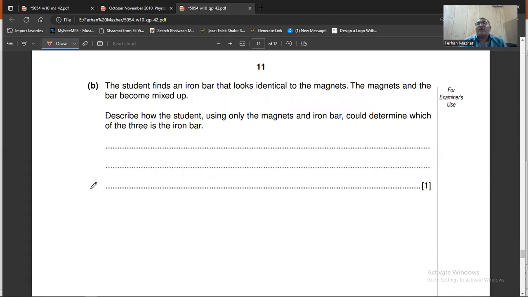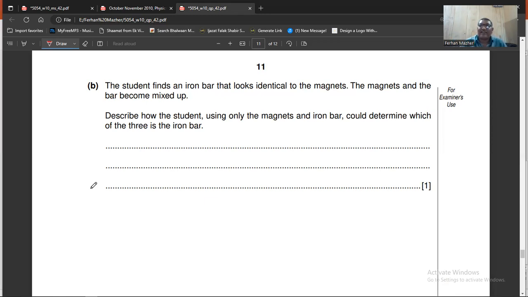And the bar whose one end is attracted and the other end is repelled by one of the ends is a magnet. Because you see the repulsion: if the two bars are magnets, then for example south and south will repel each other, north and north will repel each other.